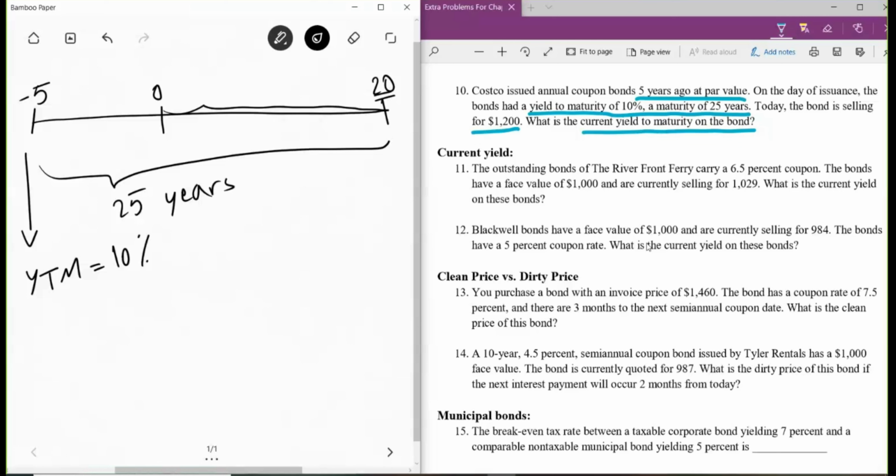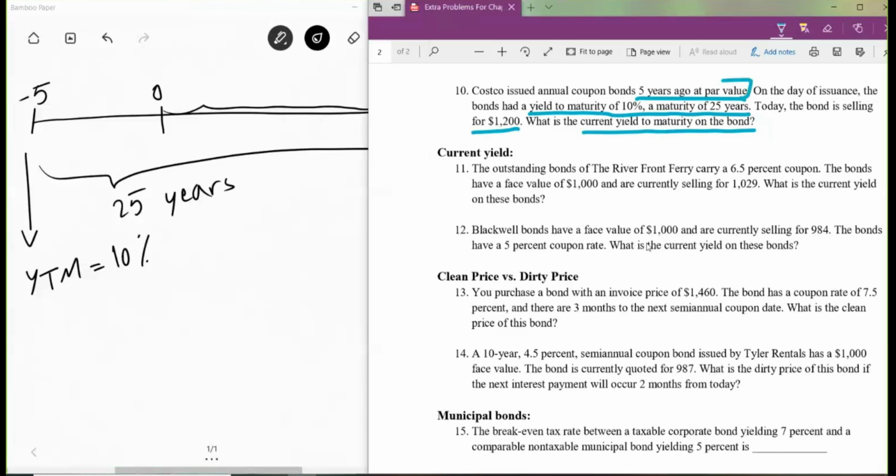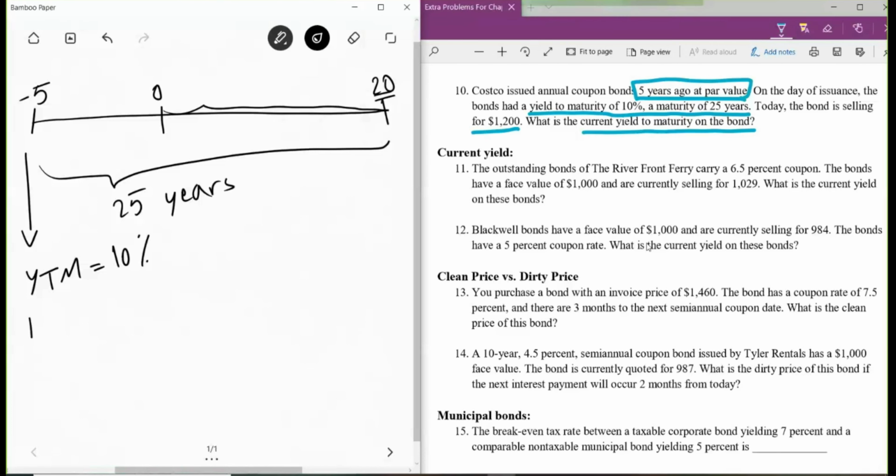I add this information to the following information. When the bond was issued 5 years ago, the bond was issued at par value. This means that the price 5 years ago was equal to the face value.